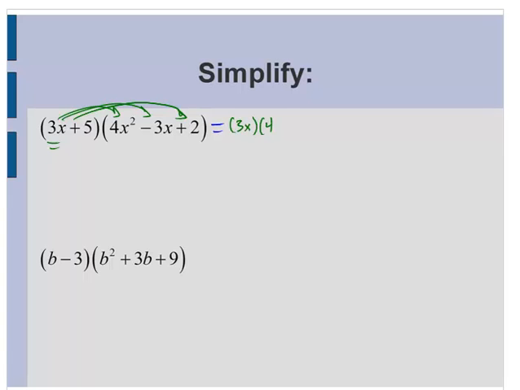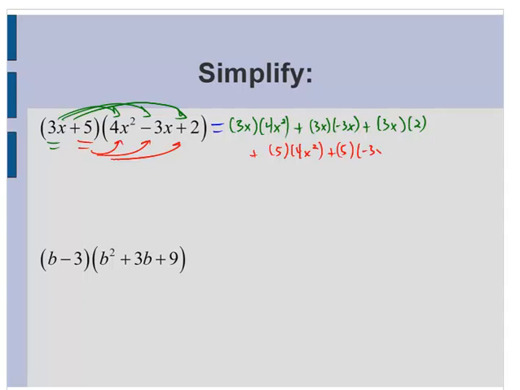So I'd have 3x by 4x squared plus 3x by negative 3x plus 3x by 2. Then, taking the plus 5 and distributing it through, I'd have plus 5 by 4x squared plus 5 by negative 3x plus 5 by 2.